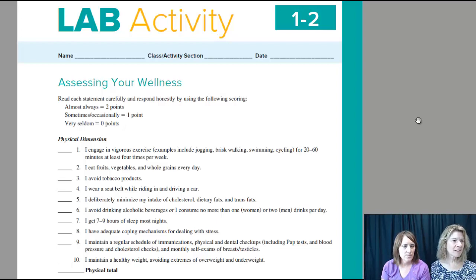So this first lab activity is going to be on the first report, which is on lab activity 1-2, on the 8 dimensions of wellness. And by this time you should have read the first chapter in the book and reviewed the PowerPoint and done your notes. So you're very well aware of the 8 dimensions of wellness. You're going to fill out the lab activity, and then you're going to be moving through the rubric on doing the scientific method.